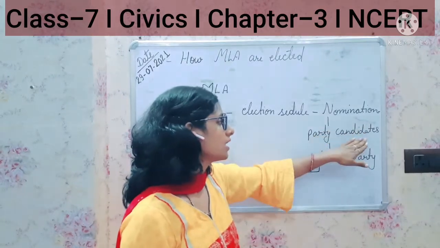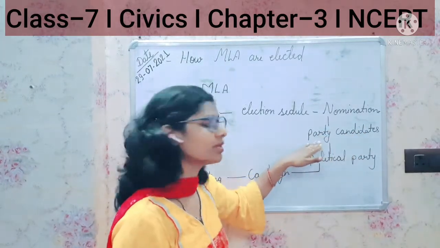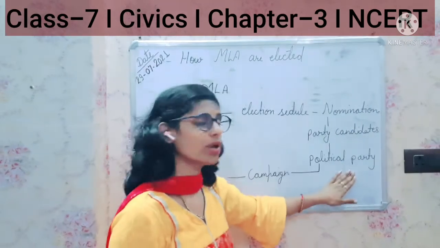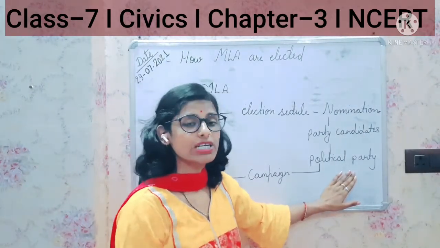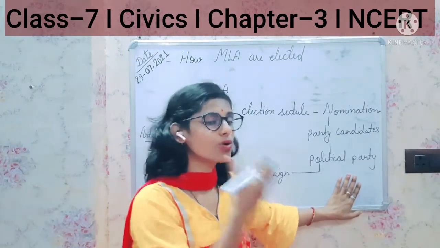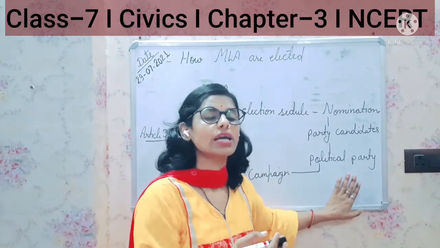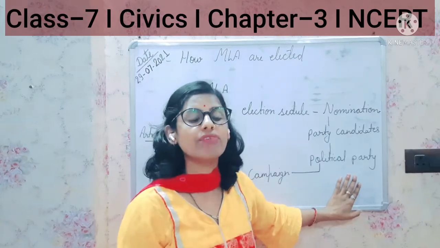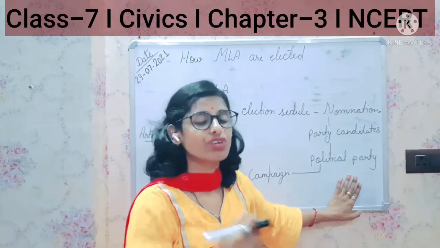These people are the candidates of a party, and this party is known as a political party. What is the meaning of a political party here? A political party means a group of people who believe in the same ideology, or are within the government.